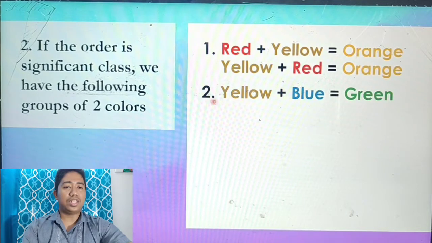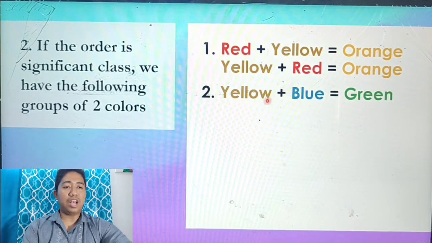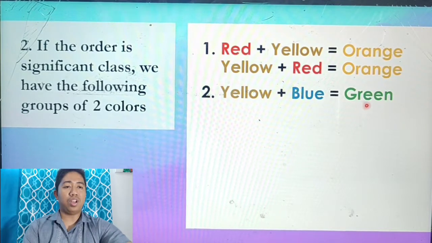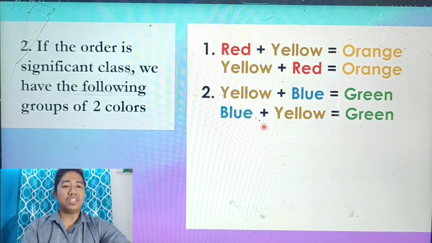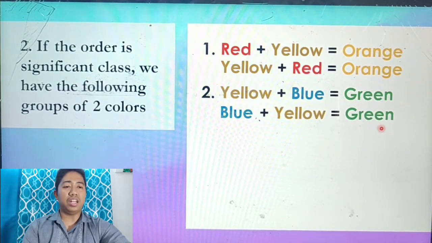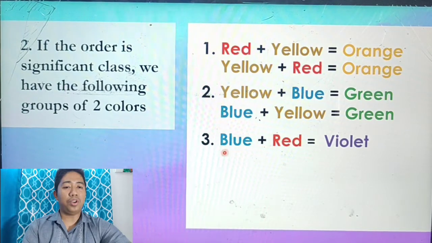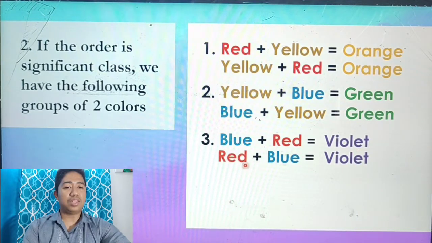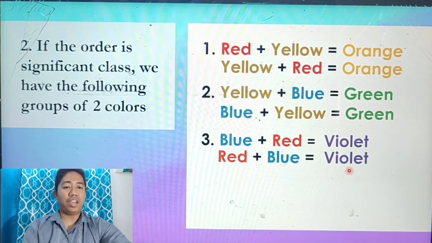In the second, we add yellow and blue, which gives the color green. Likewise, blue added to yellow is still green. We have another set of 2 colors: blue added to red produces the color violet, and in the same manner red added to blue is still violet.